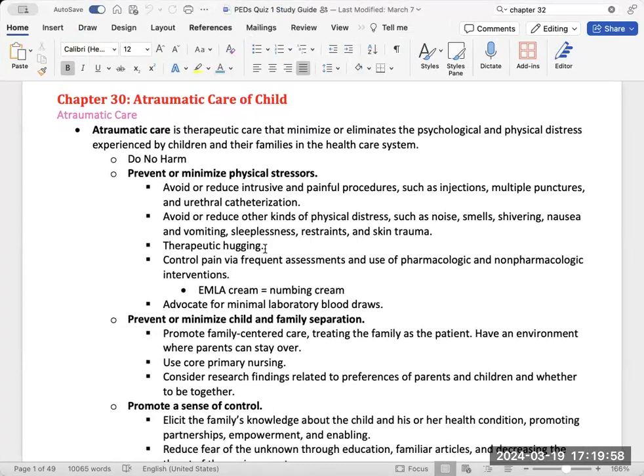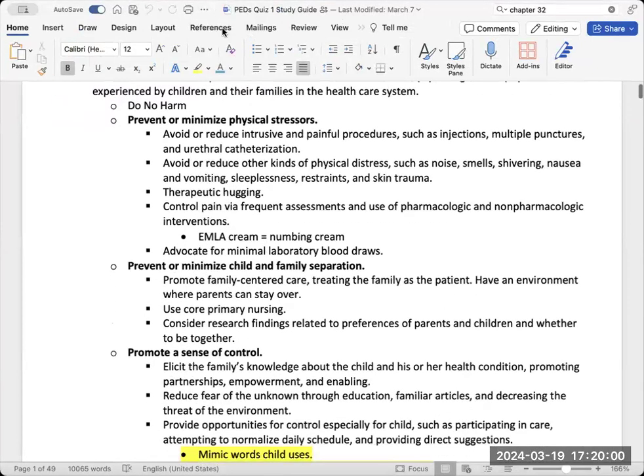So there's different ways that we could do that. First, we could prevent or minimize physical stressors. This includes no intrusive or painful procedures if they're not necessary, so minimizing the use of injections, punctures, catheterizations, things like that. We also want to avoid any sorts of physical distress, such as loud noises.